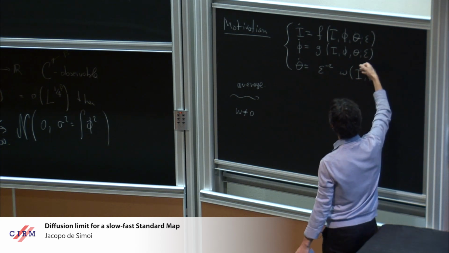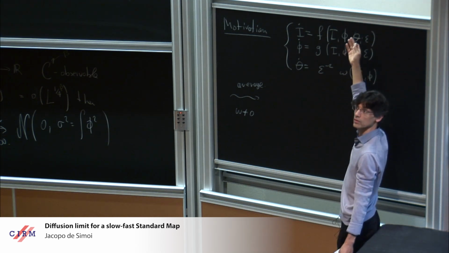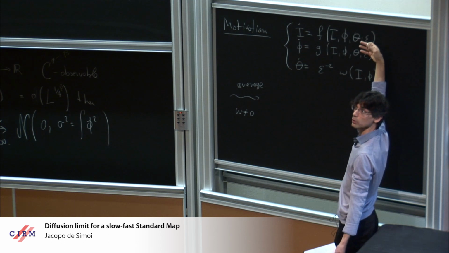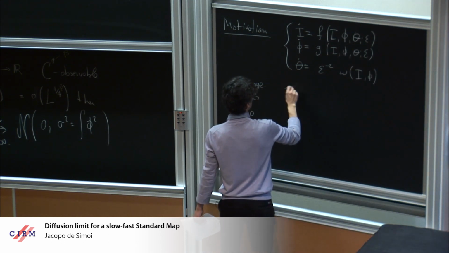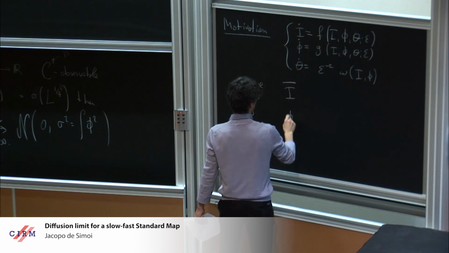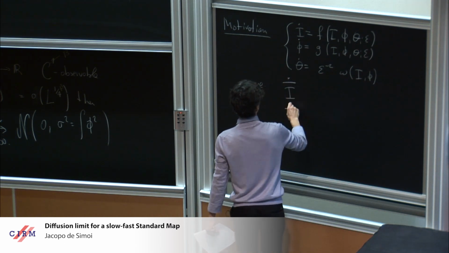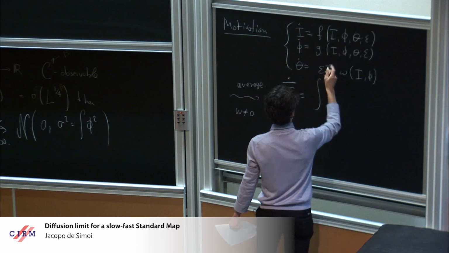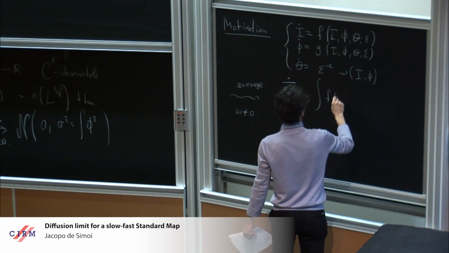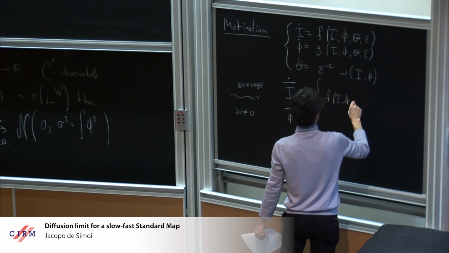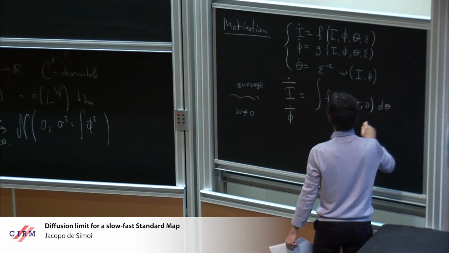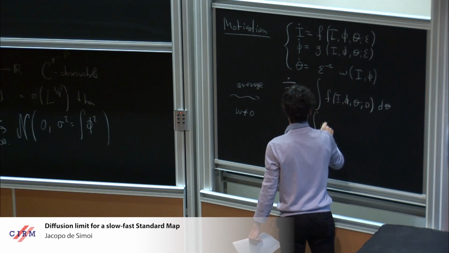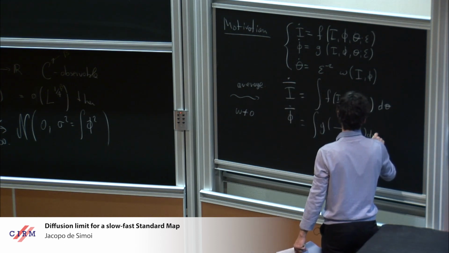So I would need to study the averaged system, which is given by integrating these with respect to theta. So the averaged system, let me call it I bar and phi bar, would be driven by the ODEs, which are given by the integral of f with respect to theta, and the integral of g with respect to theta.